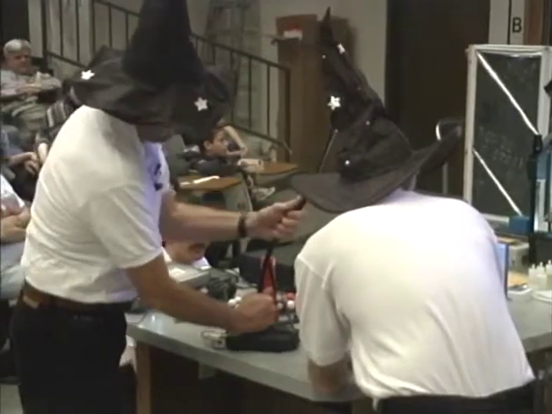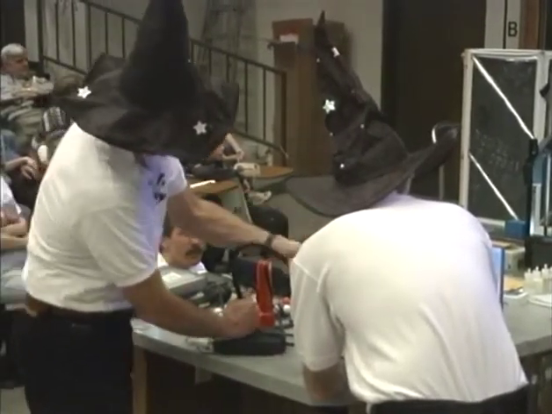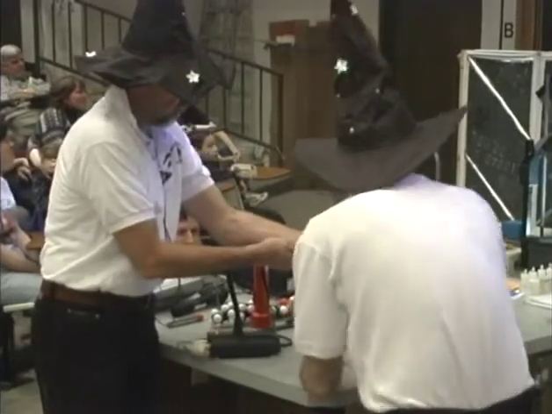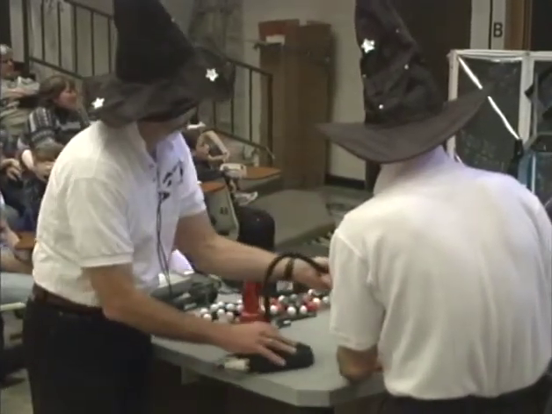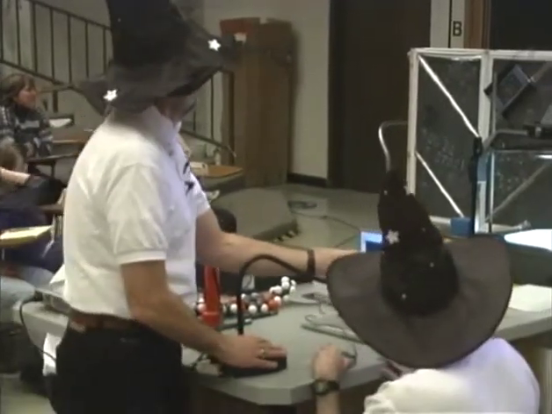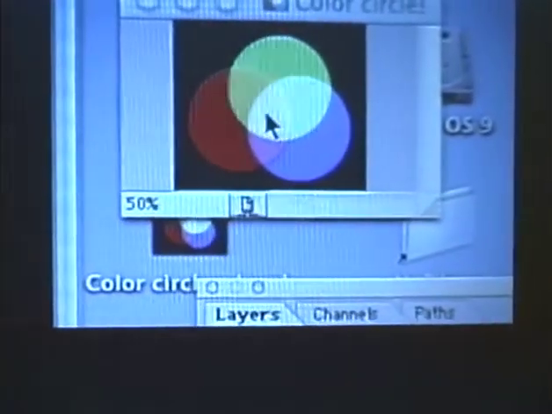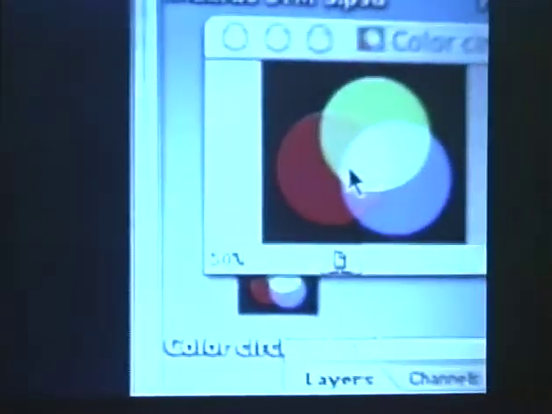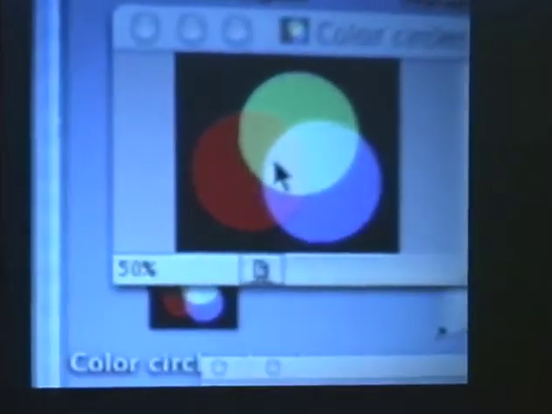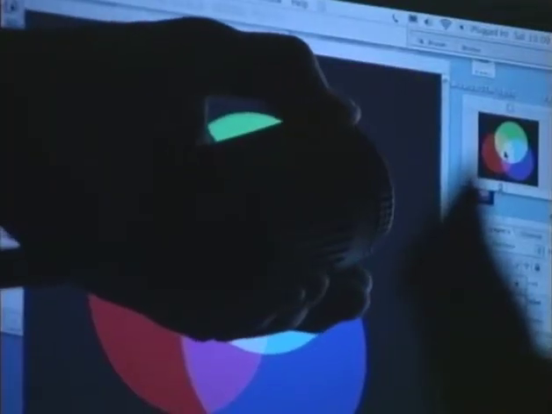So here we go. So we got to gooseneck this thing around and get it aimed in the right direction. And okay, so here we are. Let's get it straightened out and in focus. Okay, so now here we have our red, blue, and green pixels and our circles, and now we're going to move in here and get closer and closer. You can see this is getting more and more dangerous because this cursor is getting gigantic.